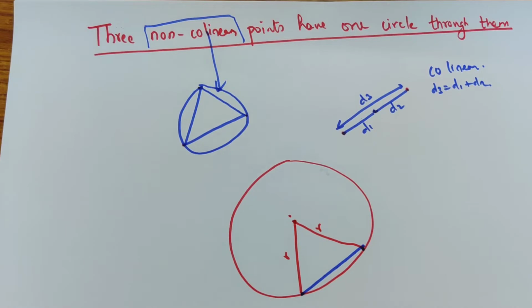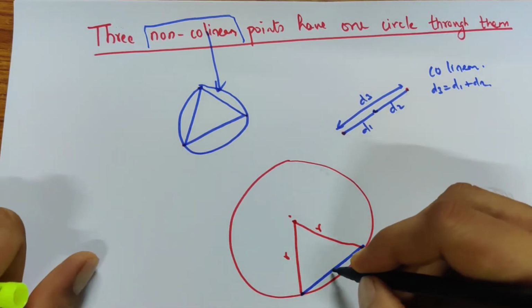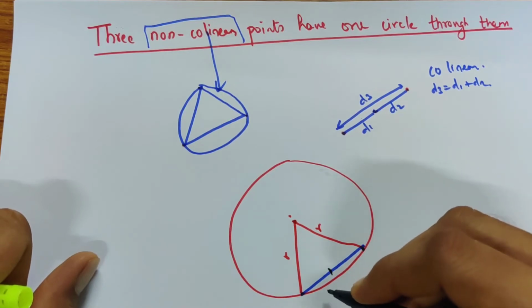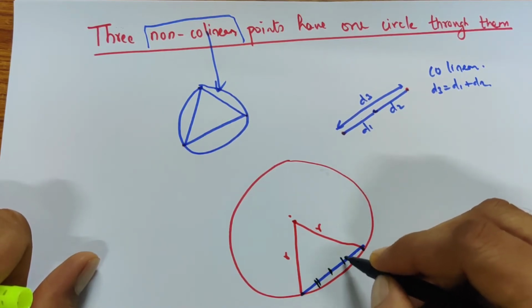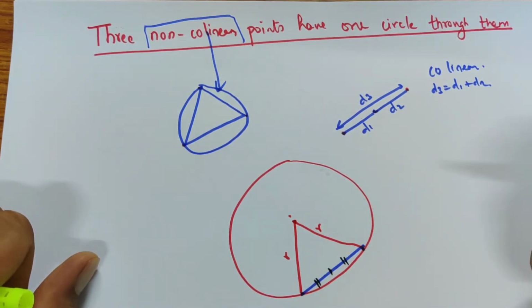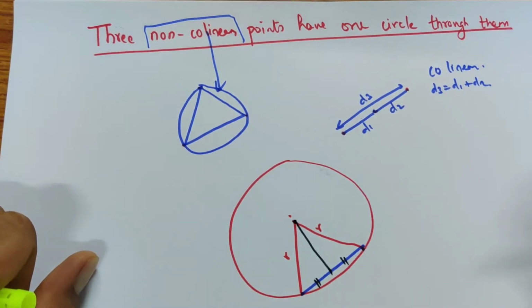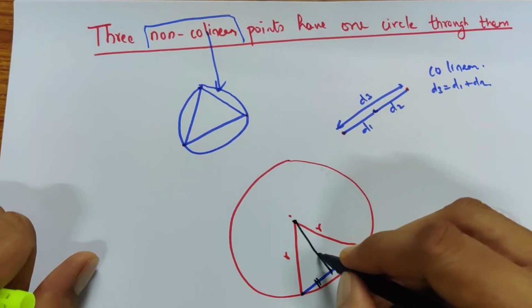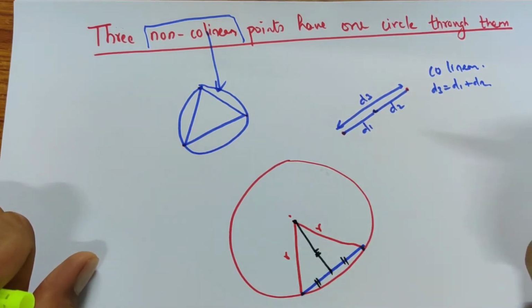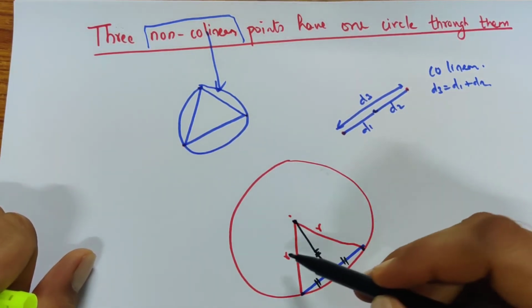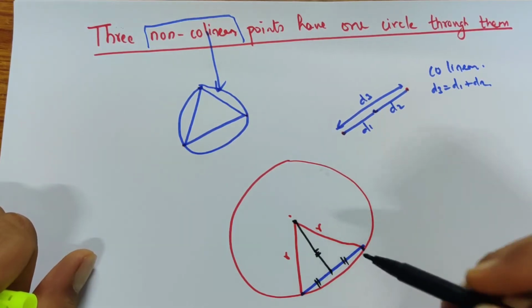If we have a bisector, which means I bisect this, so this side is the same as this side, and I connect the center to this, then we can see that due to SSS, this is the same, this is the same, this is the same.